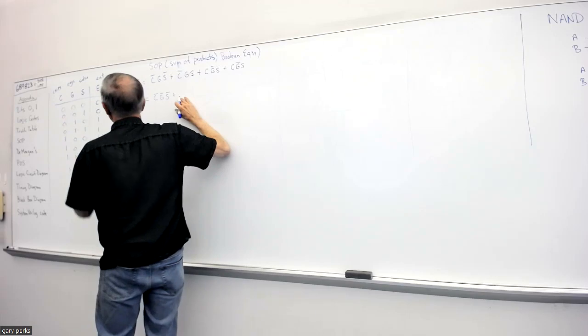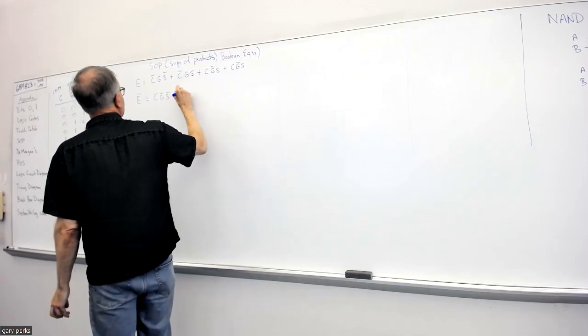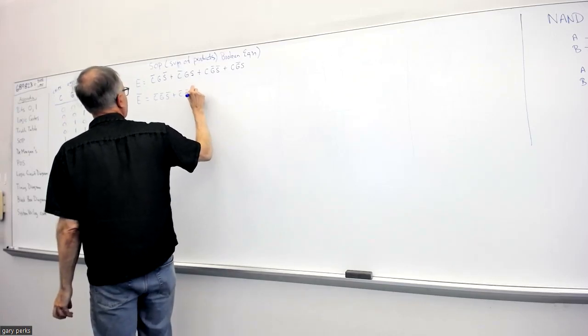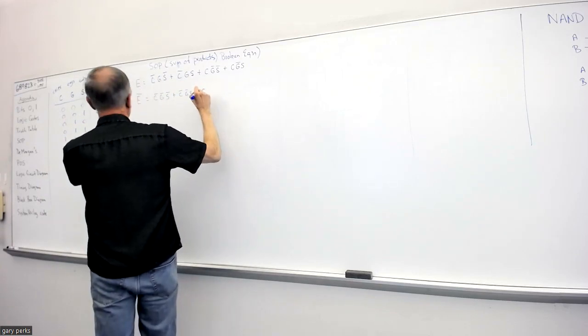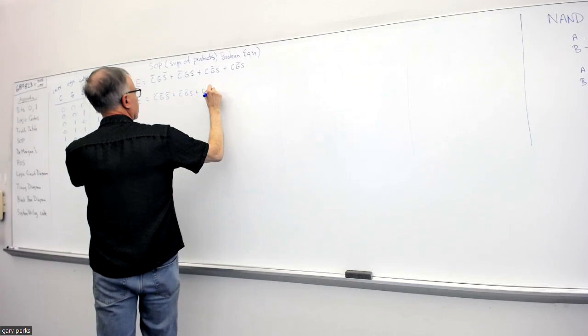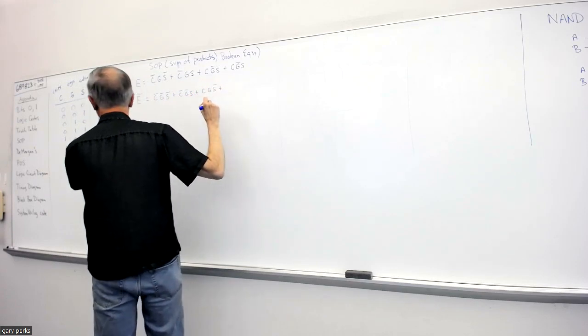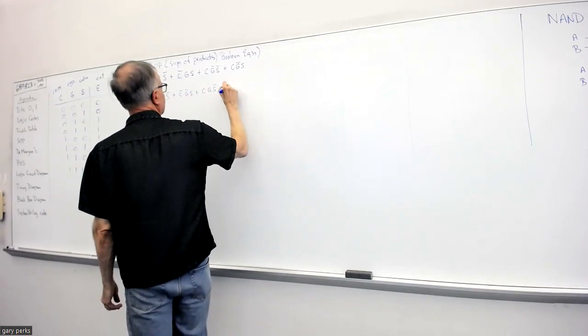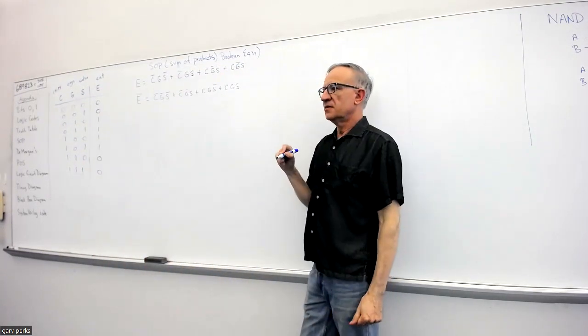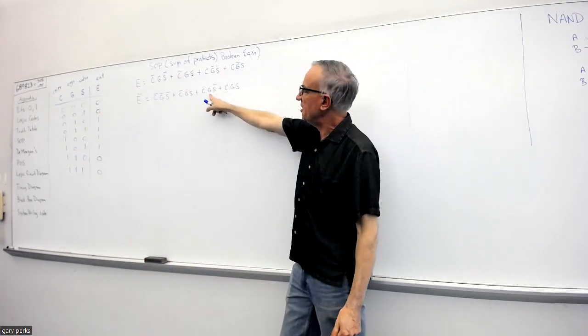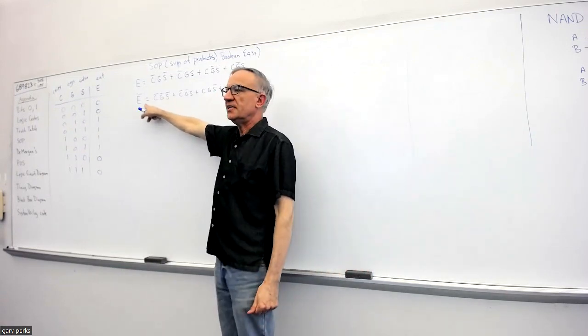I'm also not going to eat it if we only have salsa. I'm also not going to eat it if it's chips and eggs. And I'm not going to eat it if we have all 3 of them. That would be the SOP for not E.